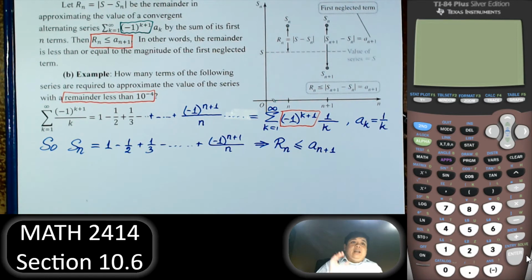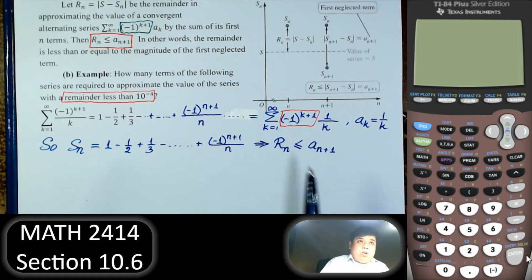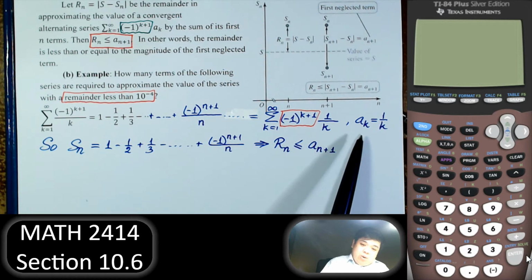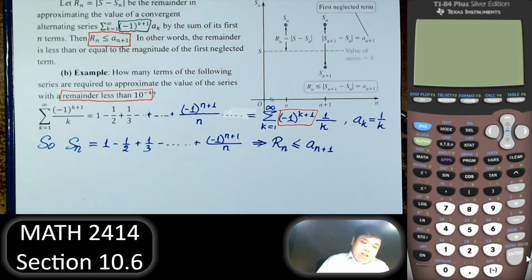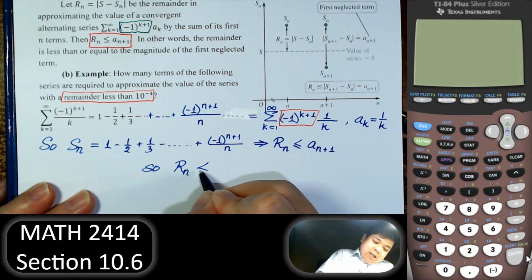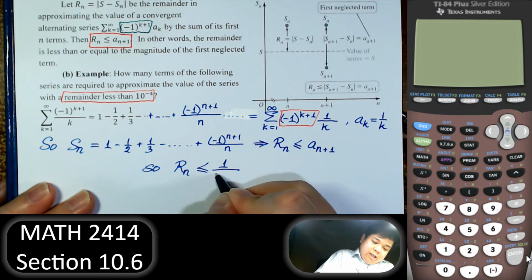So a sub k does not include the negative 1 to the k plus 1. The remainder is less than or equal to that, so we just put n plus 1 in here. So R sub n is less than or equal to 1 over n plus 1.